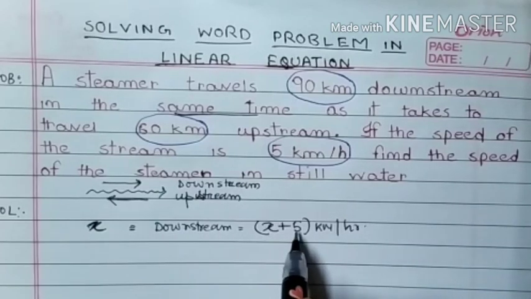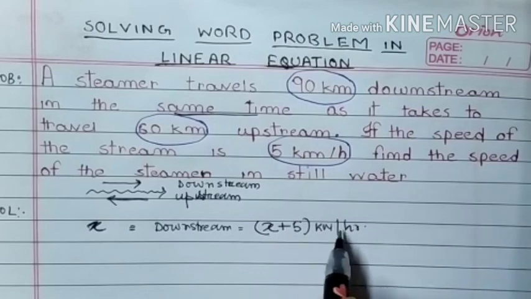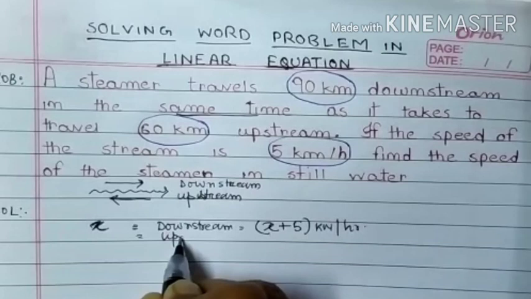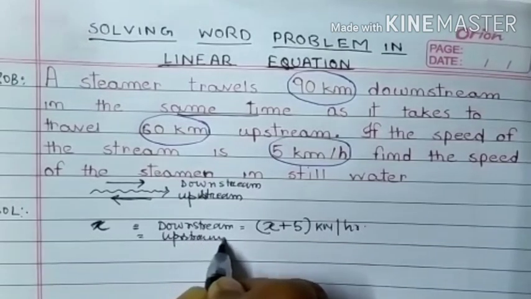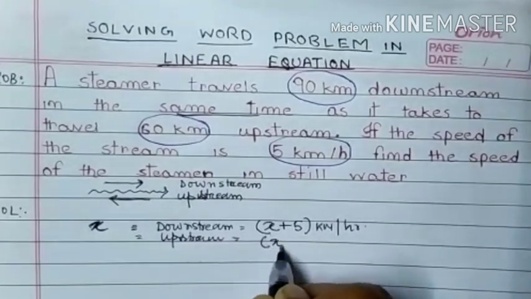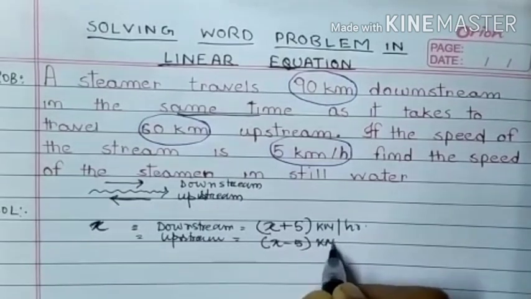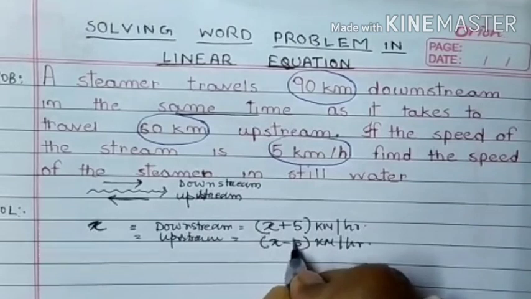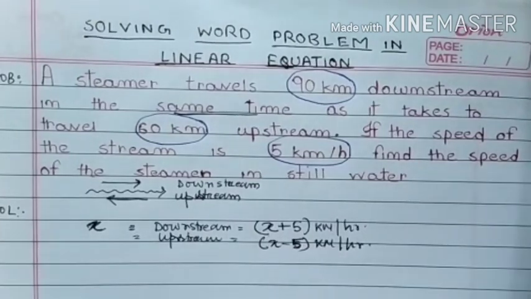If you are going with the stream, you get a 5 km advantage. If you are going upstream, your speed will be lesser, so you will be x minus 5 km per hour. Clear?